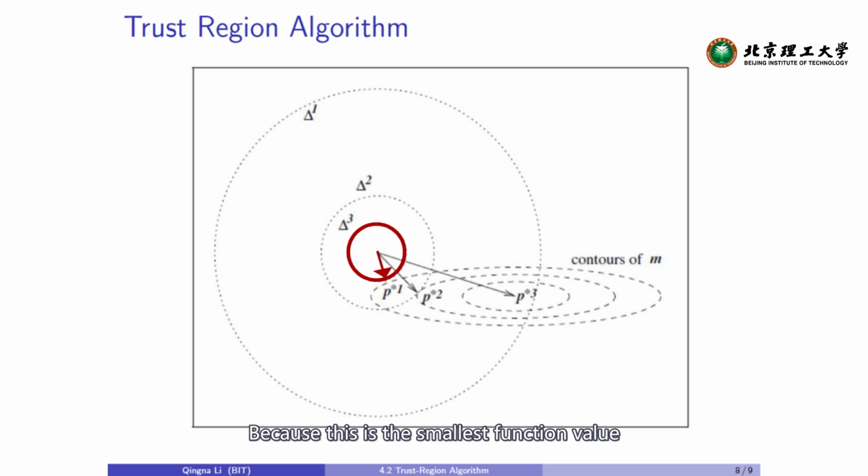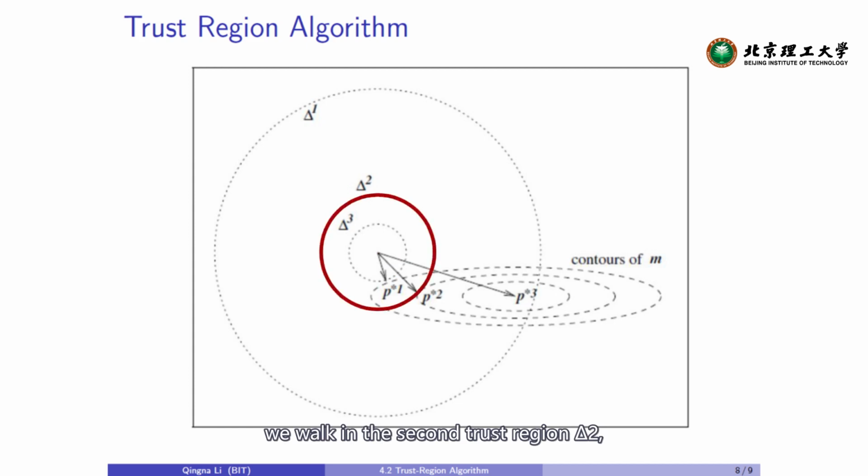Because this is the smallest function value the model function can achieve within the trust region. However, if we enlarge the trust region a little bit, and work in the second trust region, delta 2, then we may reach the direction p star 2 here. Okay? So within the medium trust region radius, we may get an even better step p star 2.